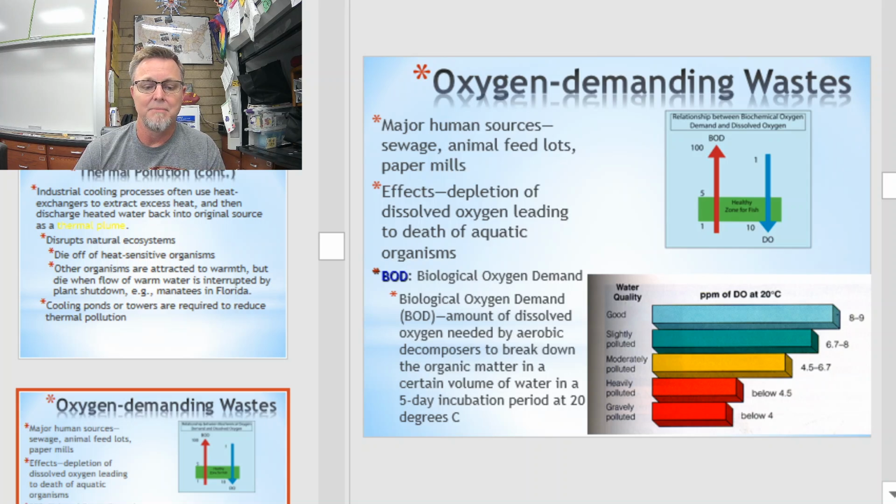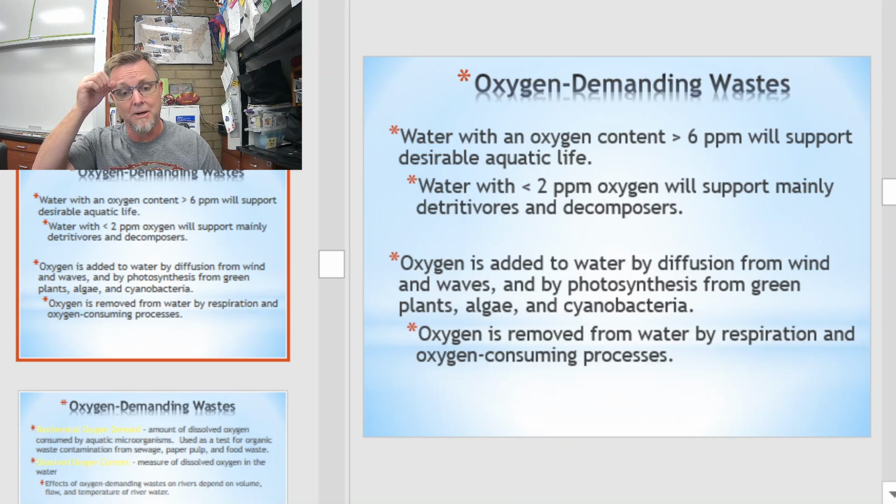The BOD measures the amount of dissolved oxygen needed by aerobic decomposers to break down the organic matter in a certain volume of water over about a 5-day incubation period. We'll use that to determine how much biological oxygen demand is being put on the water.